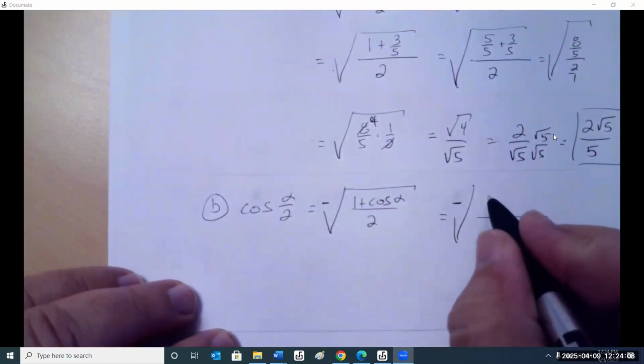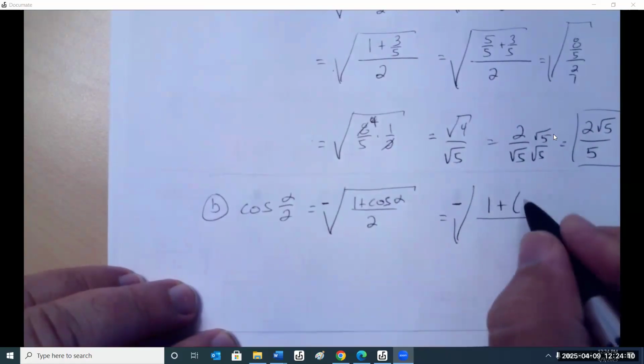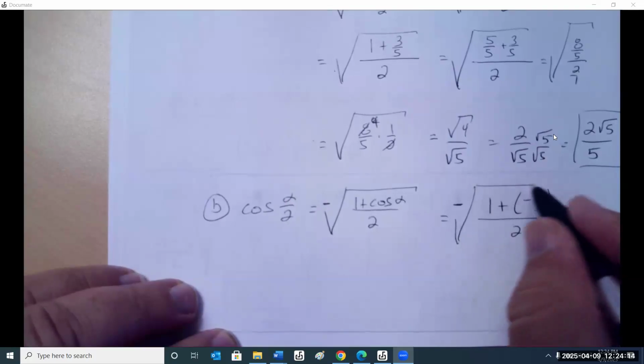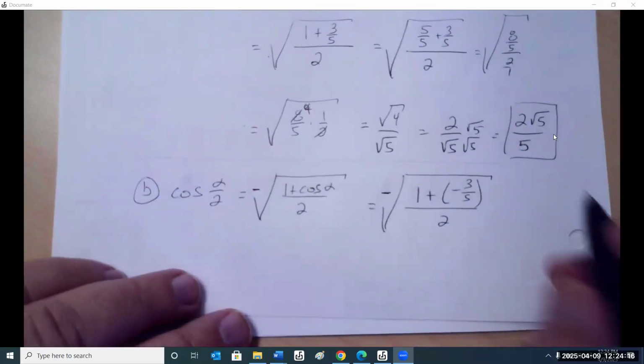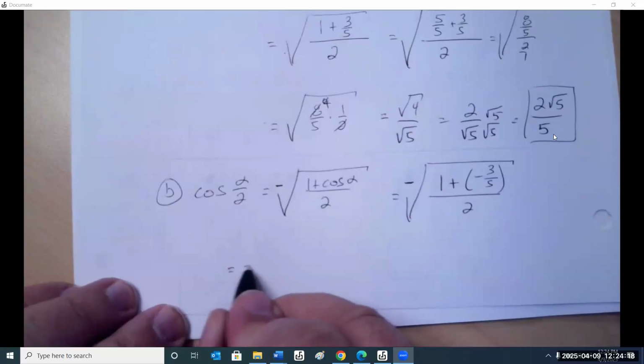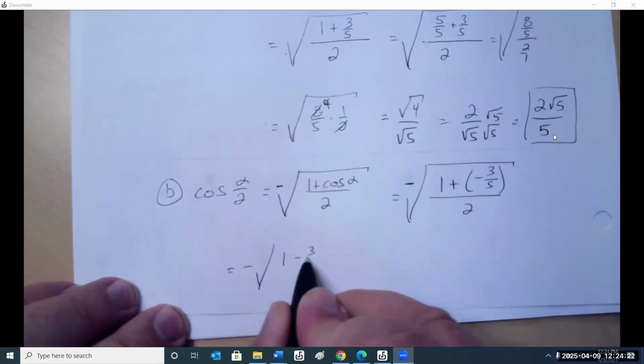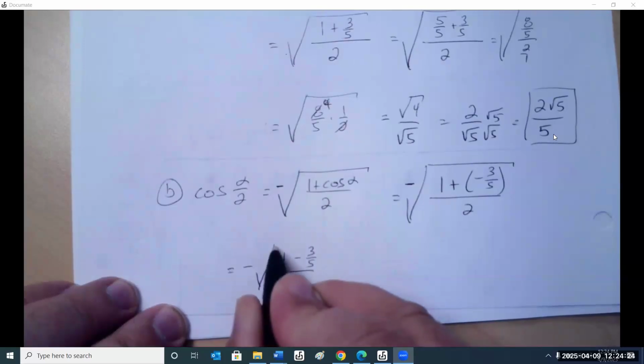So we have 1 plus negative 3 over 5 over 2. 1 minus 3 over 5 over 2.